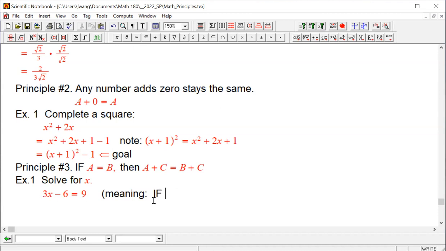It basically says if A is the same as B. But what is A? 3x minus 6 is A. What is B? B is 9. Then, if 3x minus 6 is 9, then what is x?